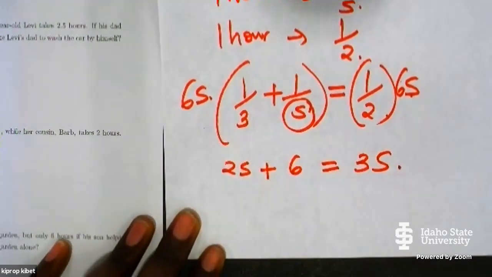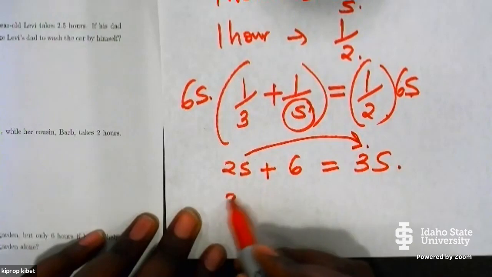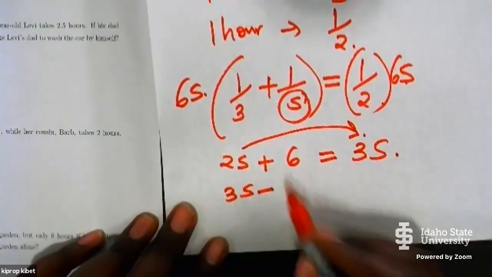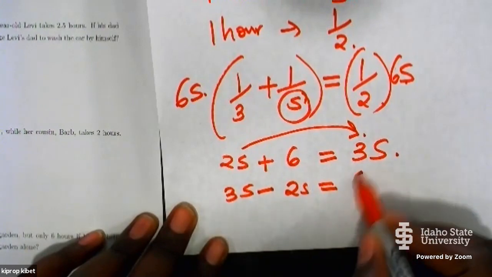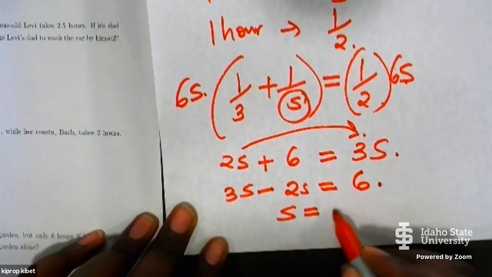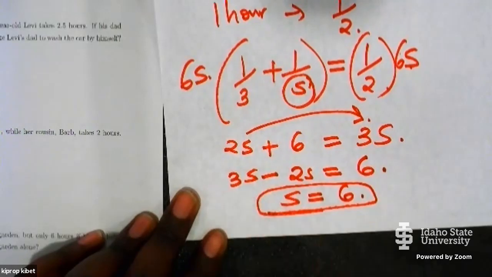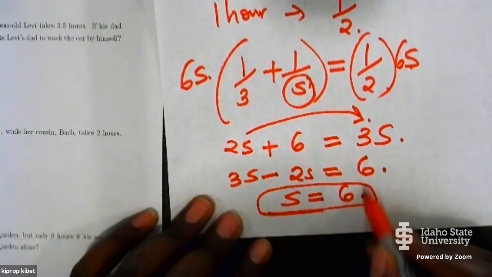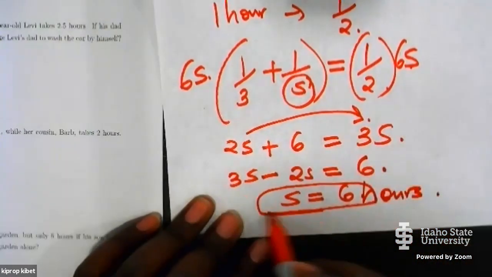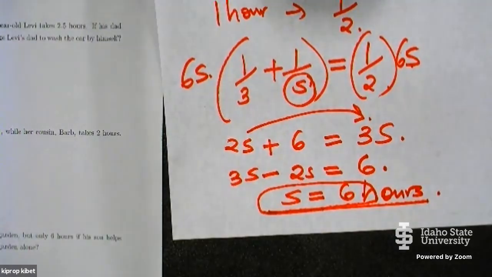Okay? So you can take the 2s to the other side. So what do you get? 3s minus 2s equals 6. So s equals 6. So the time that the assistant will take to do the job is what? And then you make sure you put the units there. 6 hours. So the assistant will take 6 hours to do the job alone. All right?